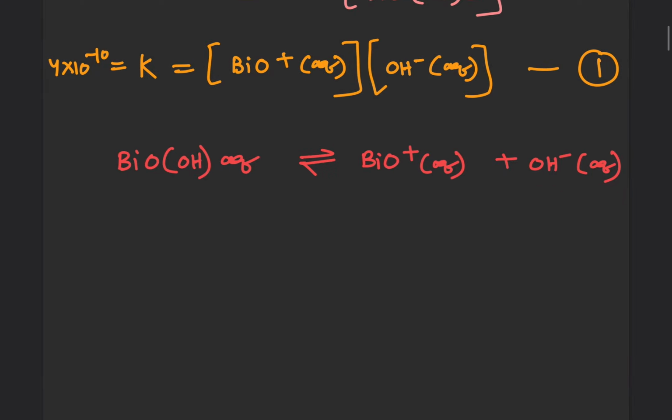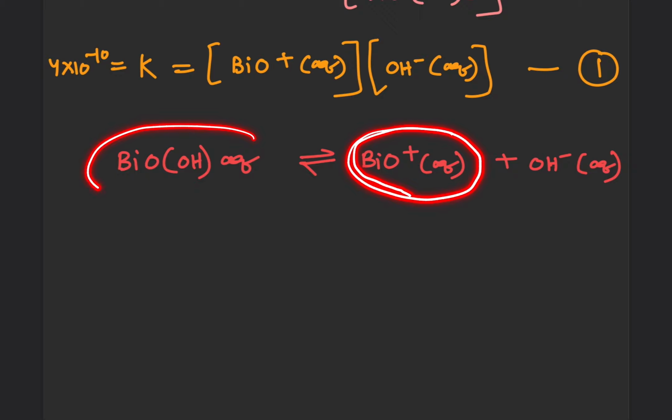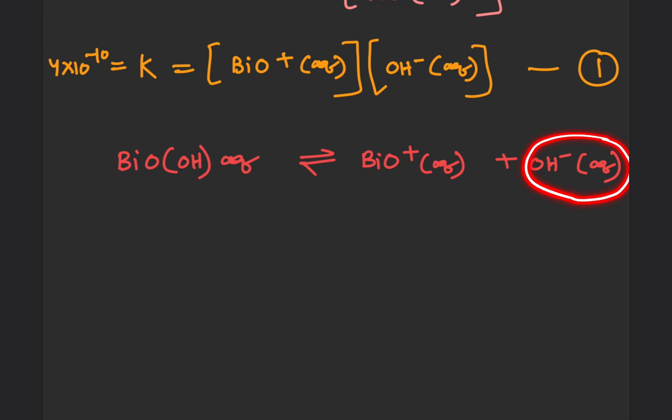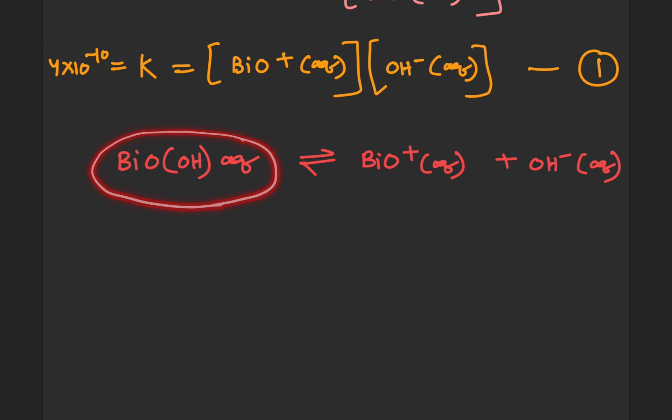So we can see the concentration of BiO plus, the concentration of these ions in the solution will be equal to the concentration of the salt dissolved in water. Similarly, because their stoichiometric coefficient is 1, the concentration of OH minus furnished in the solution will be equal to the concentration of salt dissolved in water, right?